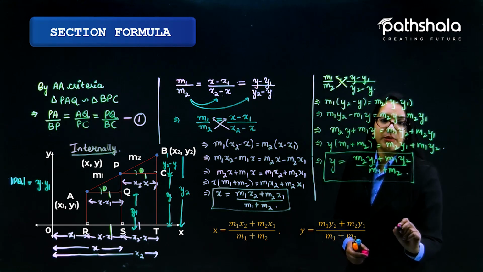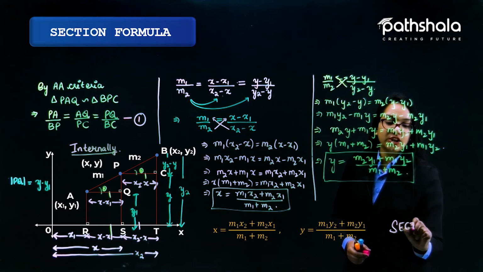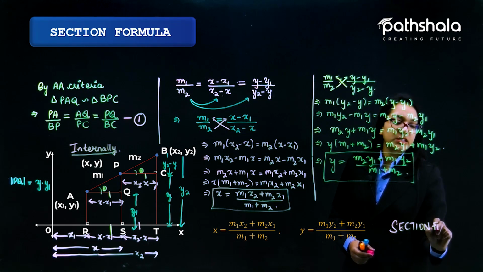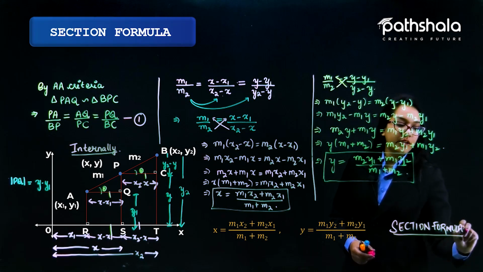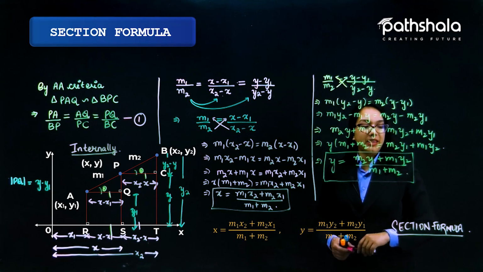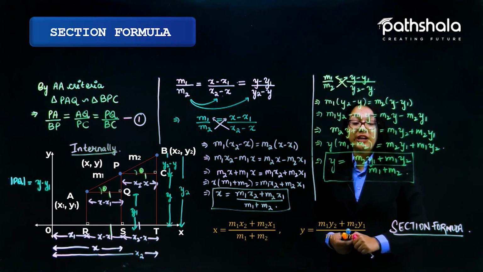So this is nothing but called the section formula whenever the point P is intersecting the AB line segment in a particular ratio internally.